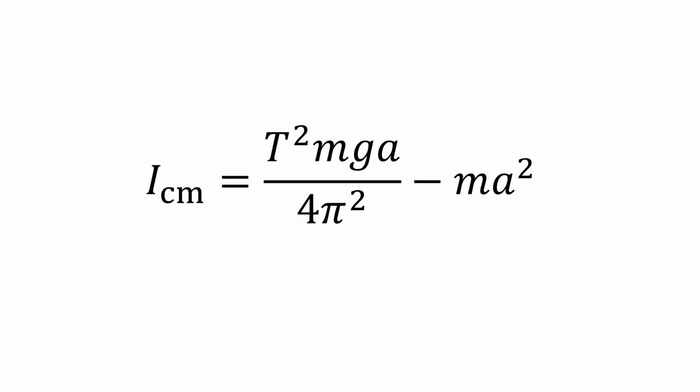Therefore, we can see that we need to measure the period of oscillation of the pendulum, T, for the chosen axis of rotation, the distance, a, of this axis of rotation from the center of mass of the pendulum, and the mass of the pendulum, M. This time, however, we must also know the value of the effective gravitational acceleration at the location of the pendulum.